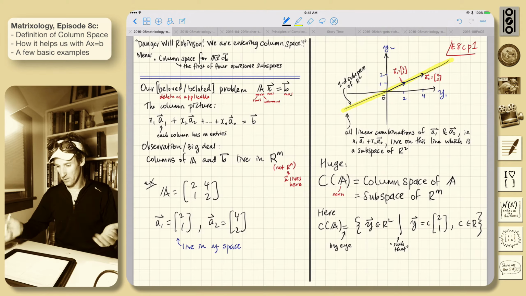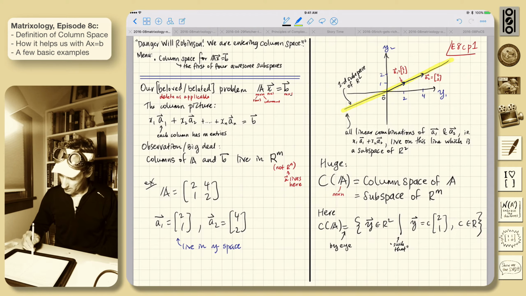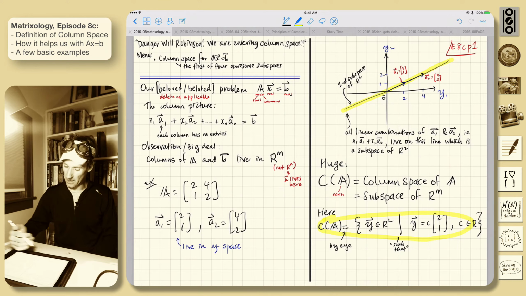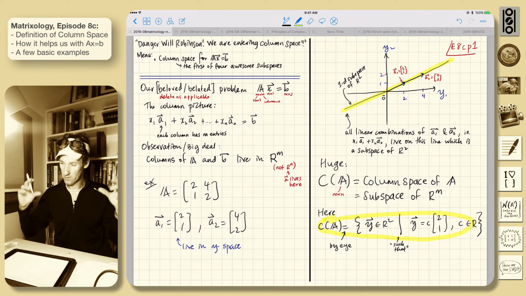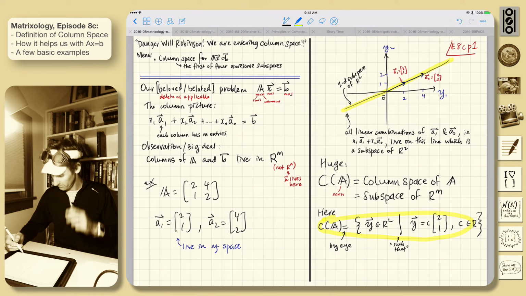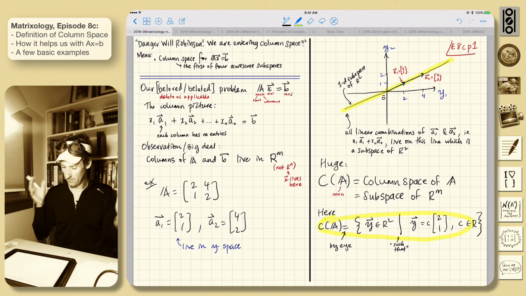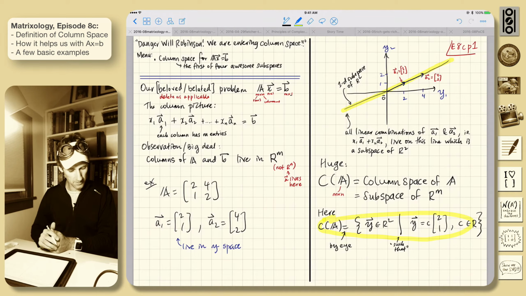So this is the column space. This thing here is the same as the line. This is set notation, curly braces, very important, and do not deviate from the path. So it's all y in 2 dimensions such that it can be expressed in this way.